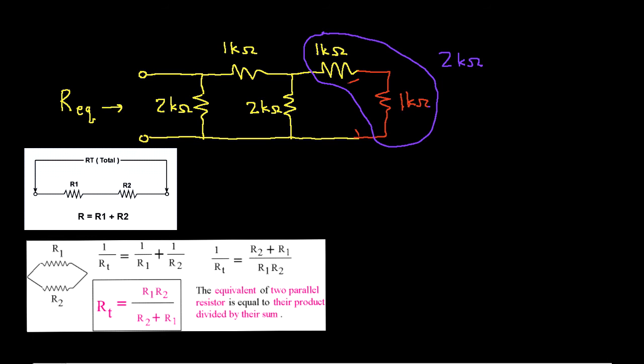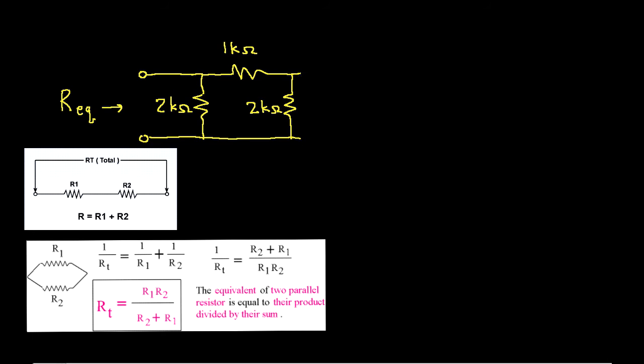Okay, so again, I can eliminate the series combination of these two 1 k ohm resistors and replace them with a single 2 k ohm resistor. And you can see probably where this is going.